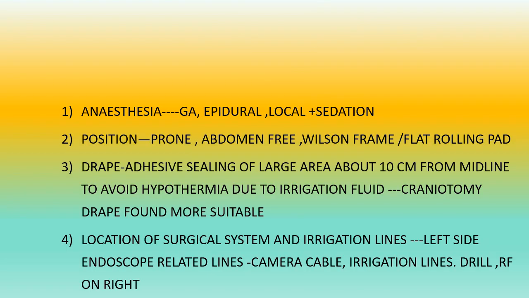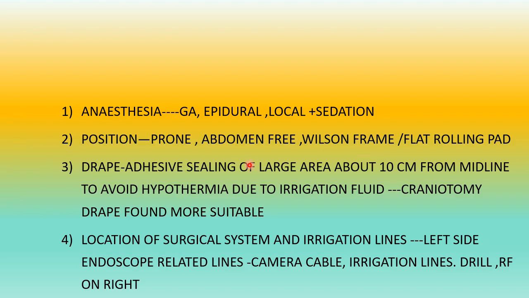Anesthesia: GA, epidural, or local plus sedation sometimes in a highly friable patient, but usually GA is preferred. Position is prone, abdomen free. Wilson frame is good, but you can use flat rolling pads also, but the abdomen must be free so that it may not cause pressure on the inferior vena cava and cause venous oozing.